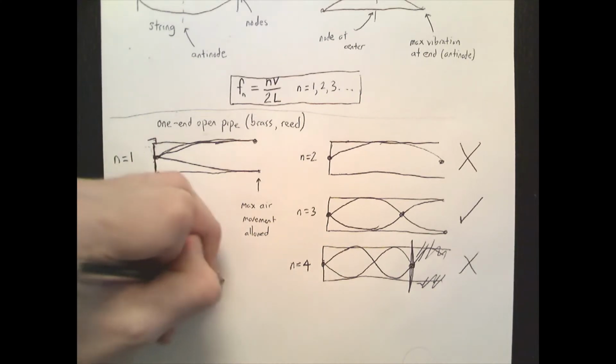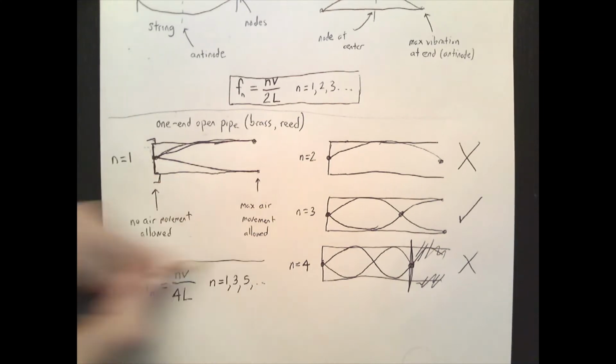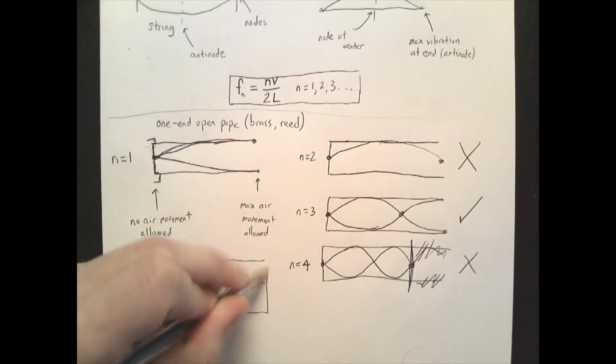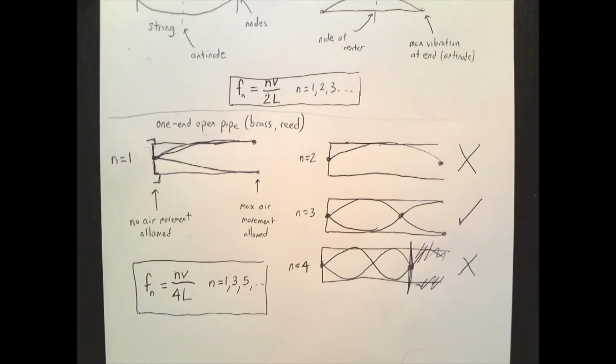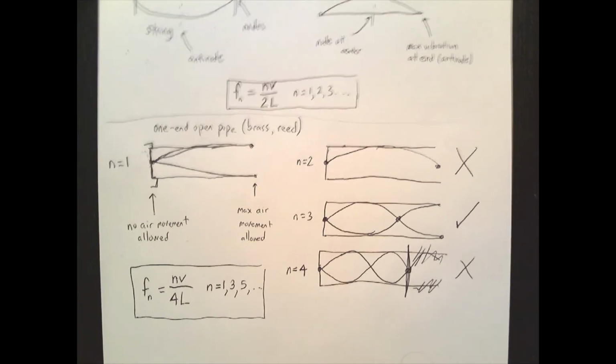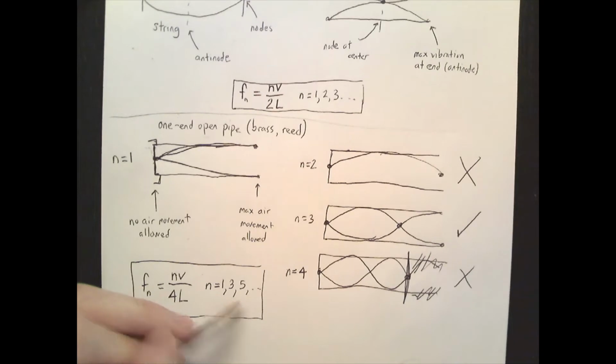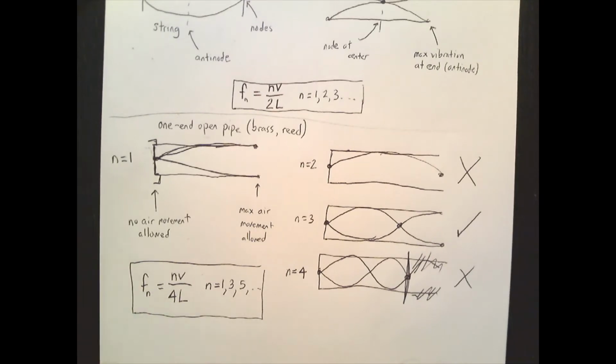N is allowed to be only odd values this time around. So if you were asked to find the first 3 possible values for a one-end open pipe, a trumpet or something like that, you would not plug in 1, 2, 3. The first 3 lowest frequencies are in fact 1, 3, and 5 because the even numbered values are not allowed.